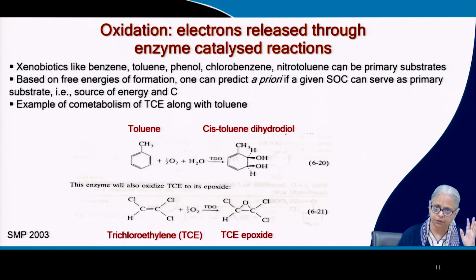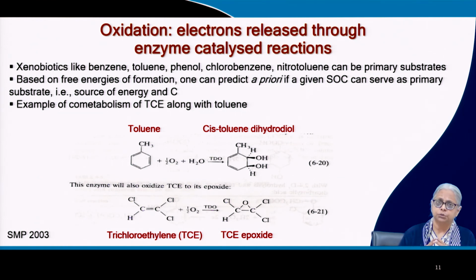These are compounds that are known to serve as primary substrates. What I want to show you here is that, let's say you have toluene. In the presence of oxygen, one particular enzyme called toluene dioxygenase is capable of converting this very stable aromatic ring to cis-toluene dihydrodiol.